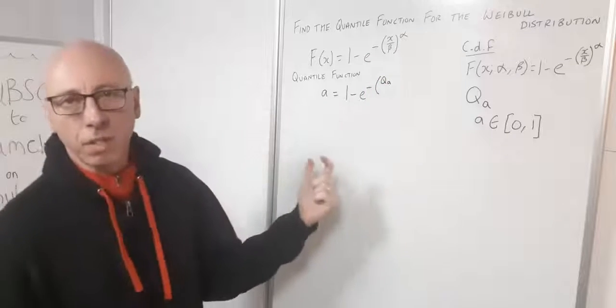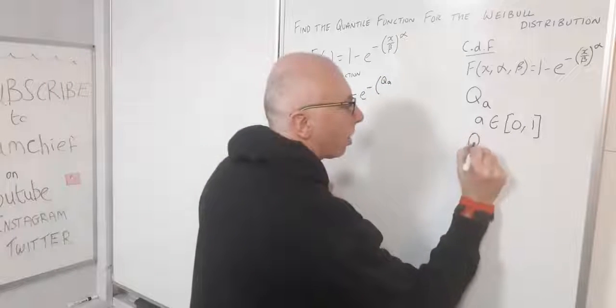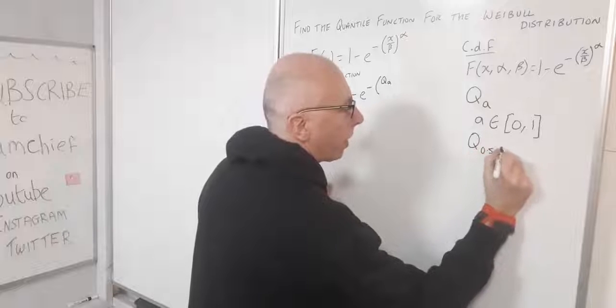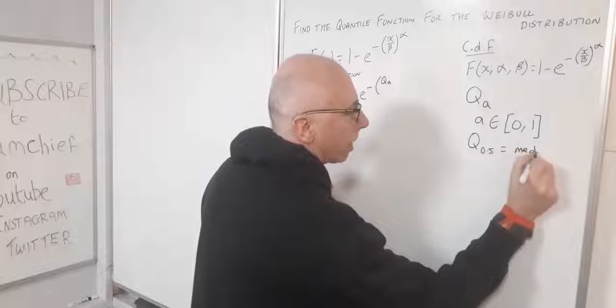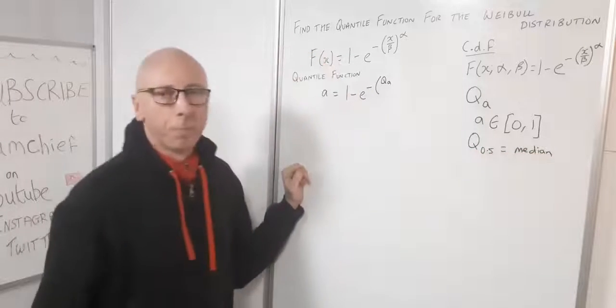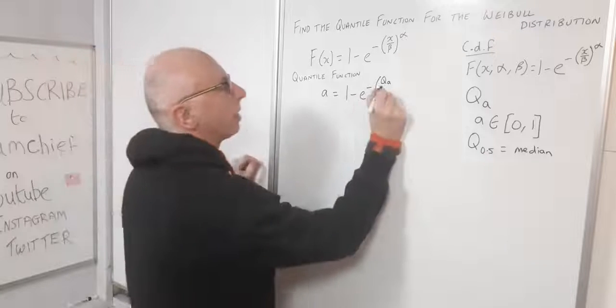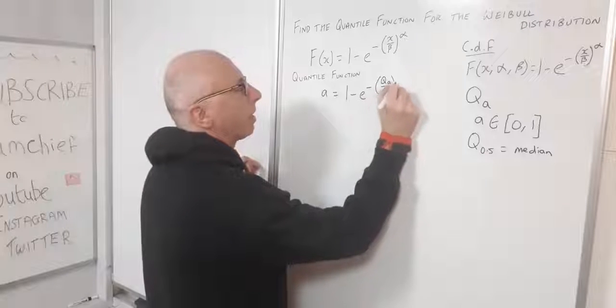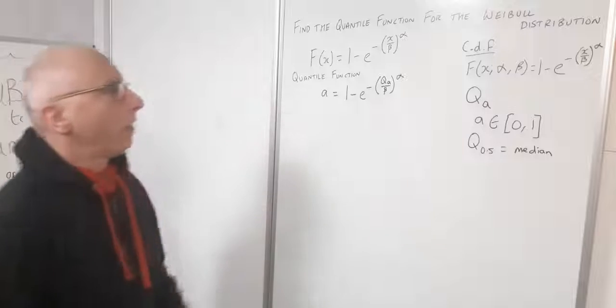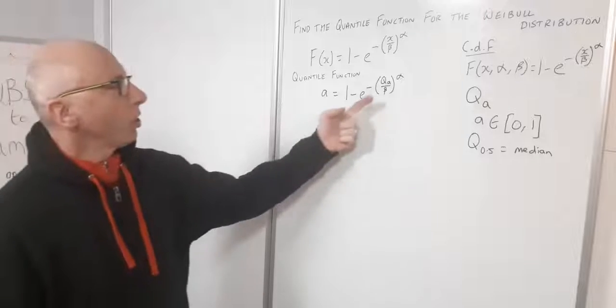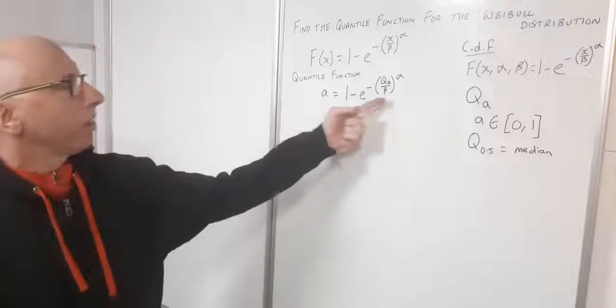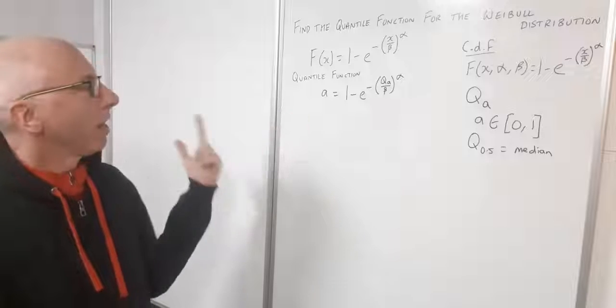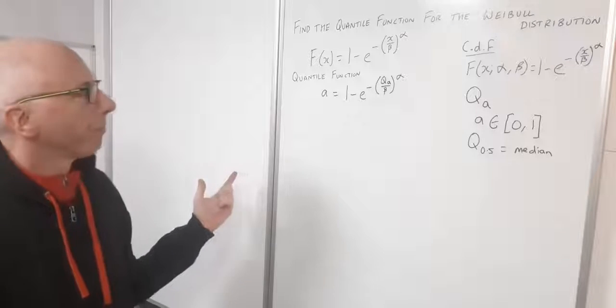So for example, if it's the median, we want q of 0.5. That's the median, for example. So QA divided by beta to the power of alpha. So what we're going to try and do is get this QA out of this function on its own. And then we've got our quantile function.